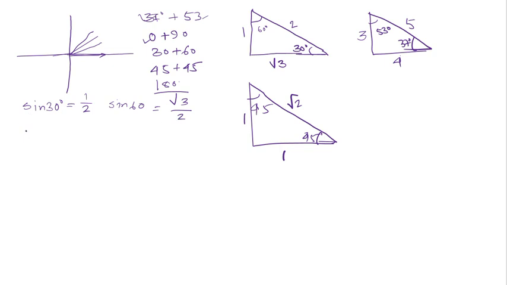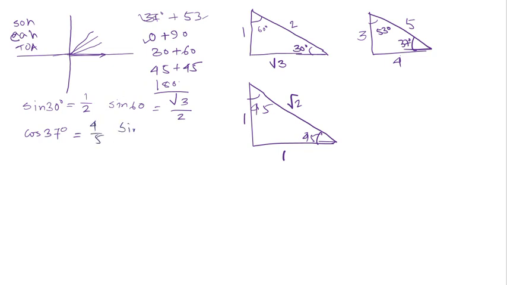Similarly, if I ask you what is cos 37, I told you a rule, correct? Cos is adjacent to hypotenuse, so cos 37 will be 4 by 5.